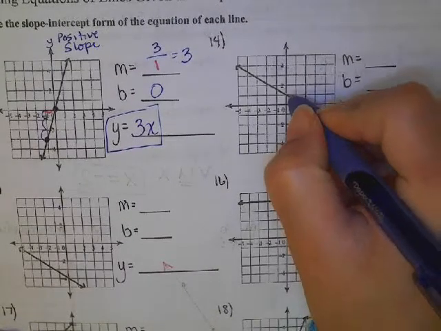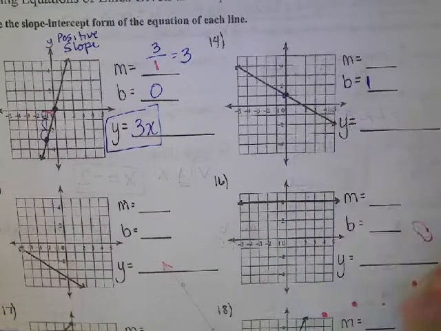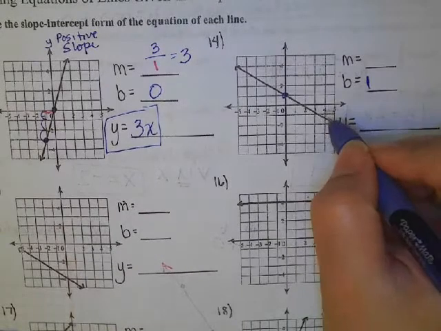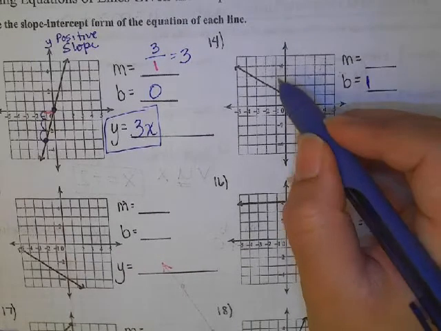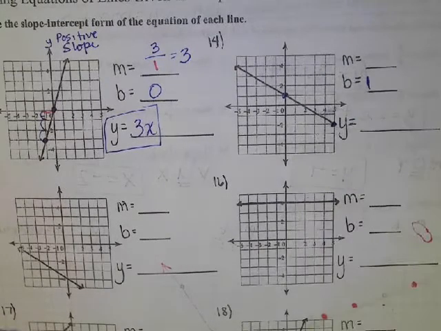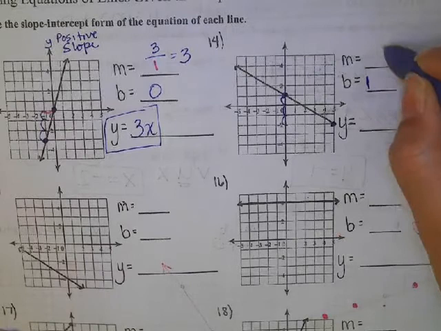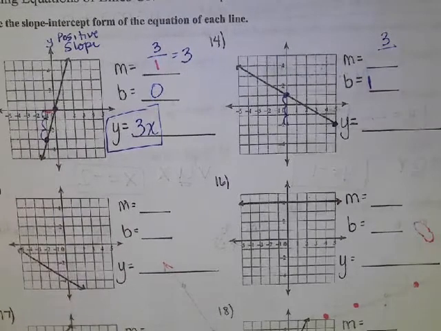Let's go to another one. This one right here. Always find your y-intercept first. My y-intercept is positive 1. I'm going to go find another perfect little point. It's got to cross perfectly through the corner. It's all the way down here. And I'm going to do rise over run. 1, 2, 3.